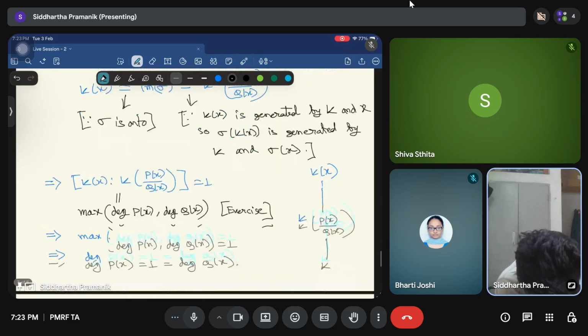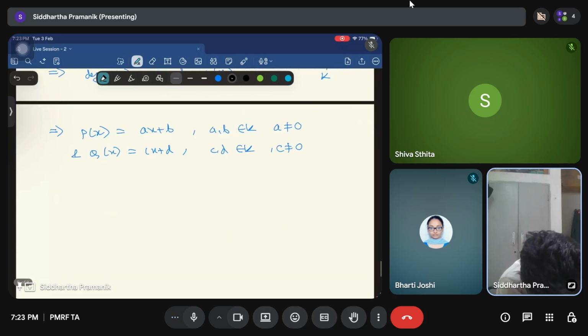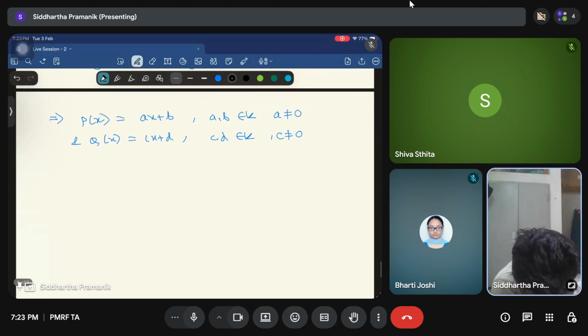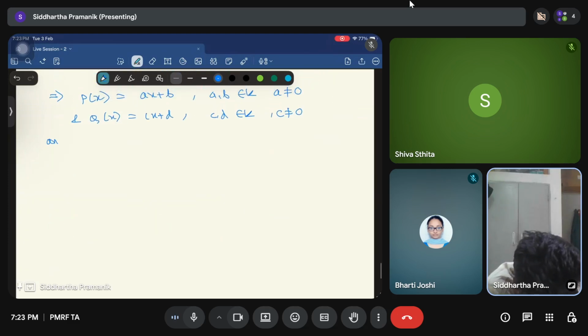So what will happen if ad minus bc is 0? First let me write down this.